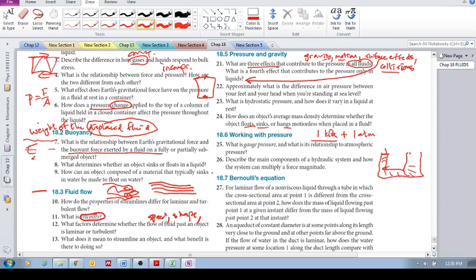You have a piston there, okay? So you can apply a force down and the pressure will apply a force up. Now, the benefit of this is that as you apply a force down, it increases the pressure, and that pressure gets distributed evenly throughout the fluid. So the pressure change is the same.